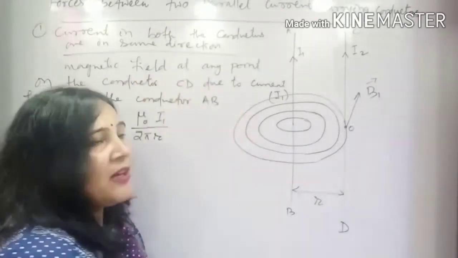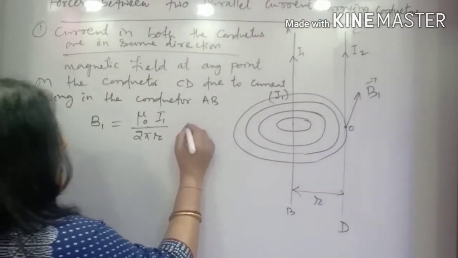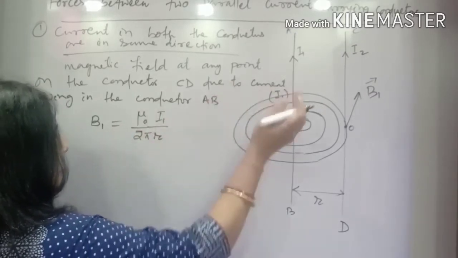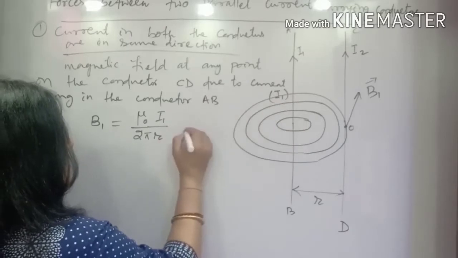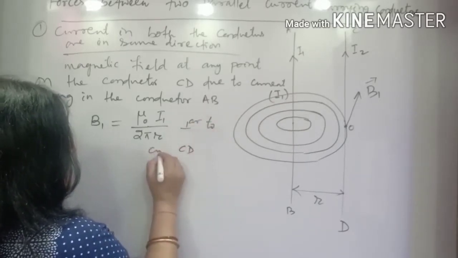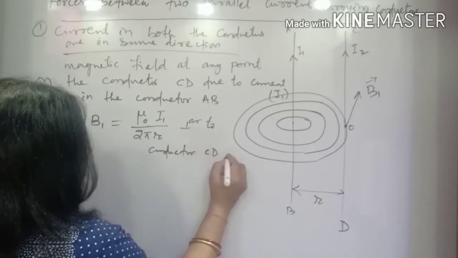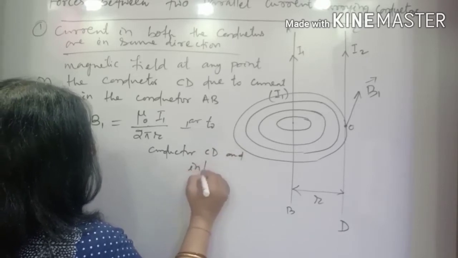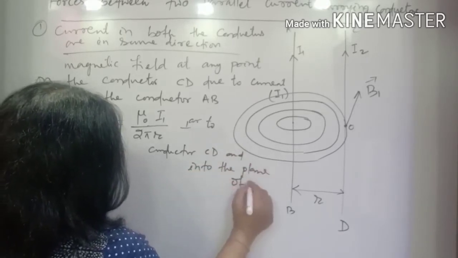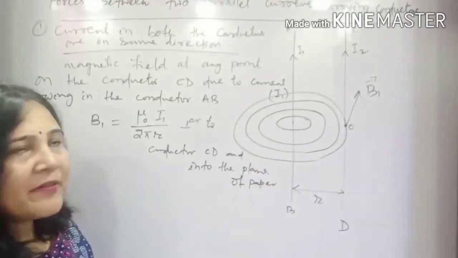So this is B1's expression: this is the magnitude, and its direction is perpendicular to the conductor CD and into the plane of paper. So this is the magnetic field you got.